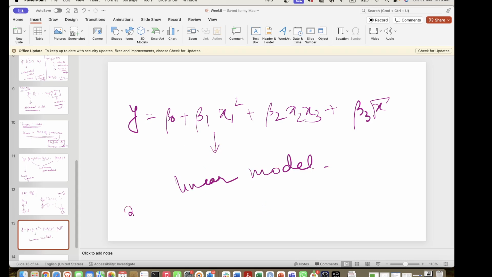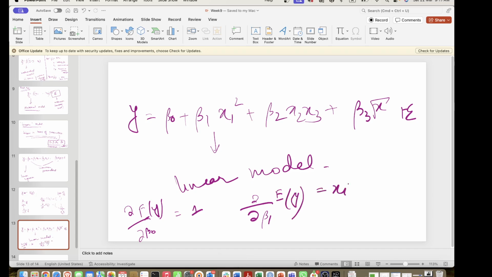Why? Because if I do del y del beta naught, or let's say del of expectation y, then I'll only have 1. If I do del beta 1 of expectation of y, then I'll have x1 square. So this is free of beta 1, this is free of beta naught.